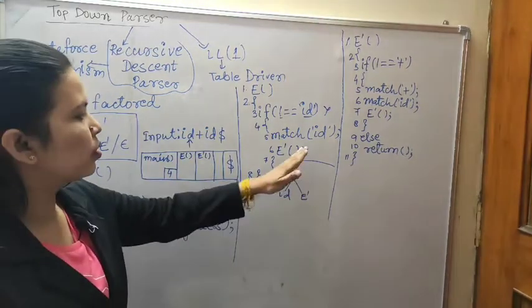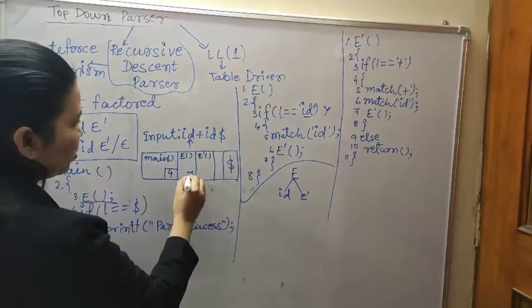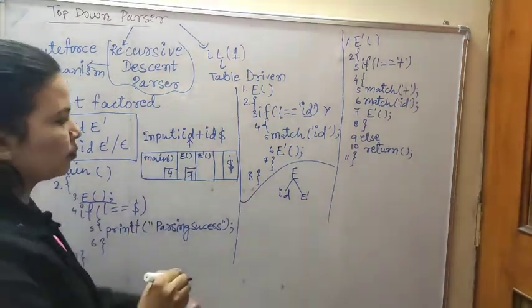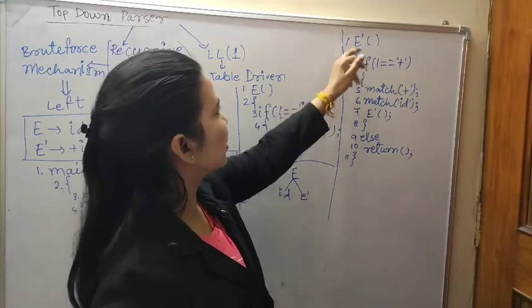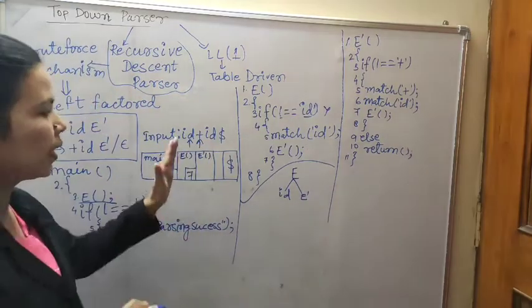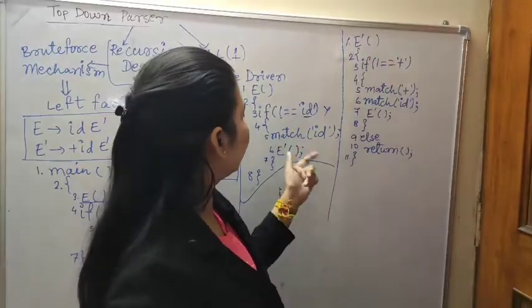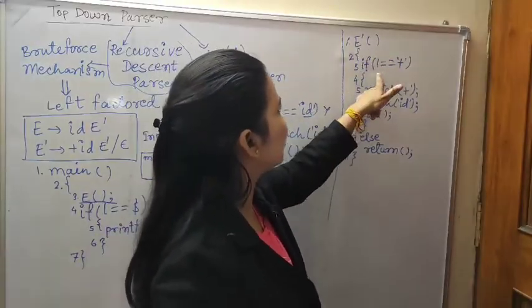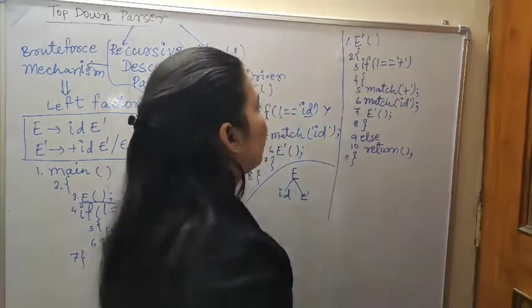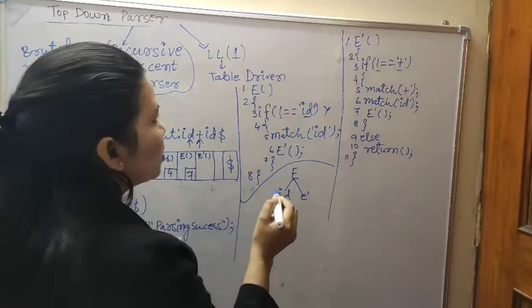E dash function we are calling, and then what is the next number? That is 7th. Write down the 7th number line here. Going to E dash, the look ahead also moves forward because we have printed id. Plus. Now we check it in the E dash function: if look ahead equal to plus. Our look ahead is plus, yes.